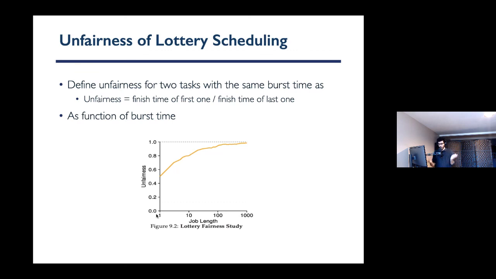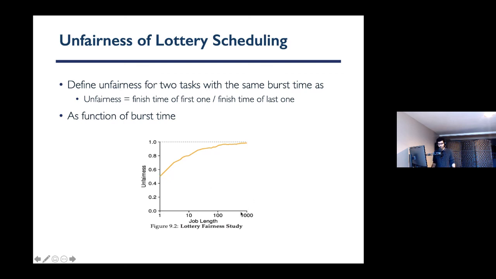Let's say the time quantum is also 1. First one finishes at time 1. Second one finishes at time 2, right? So this unfairness becomes 1 divided by 2. It's half.